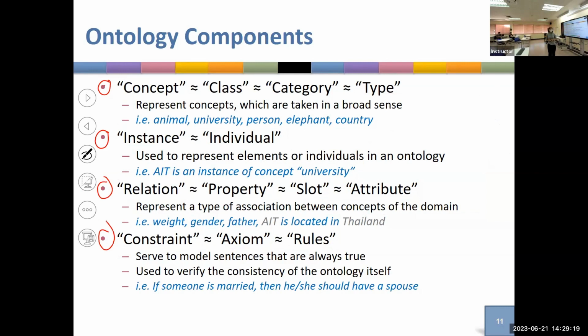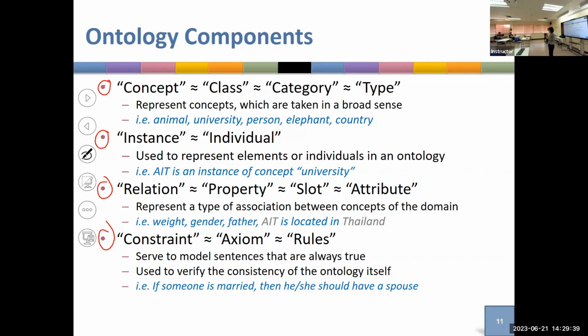I heard 2 answers, and that is always the case because it could lead to some confusion. I'm not talking about a particular instance. I'm not talking about a particular elephant. I'm talking about elephant.